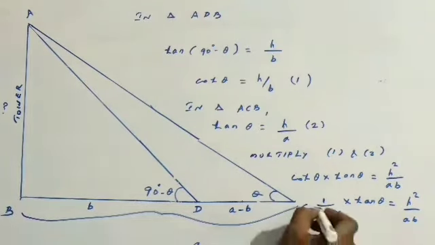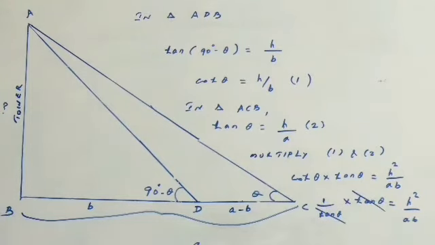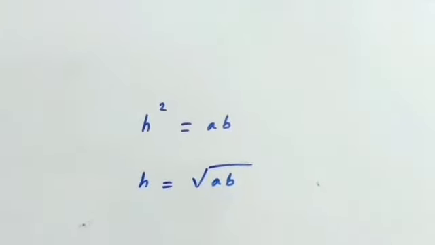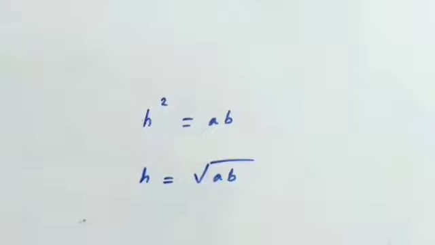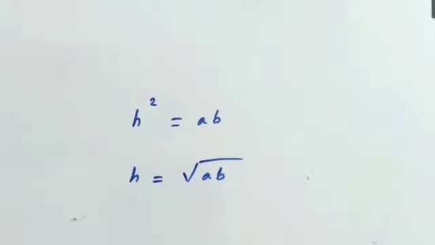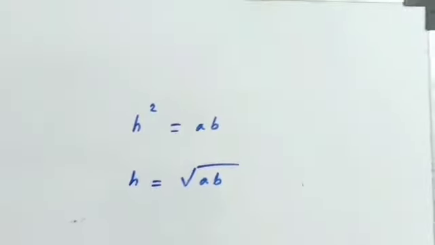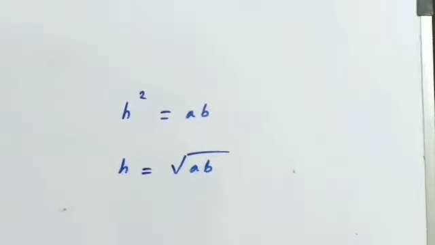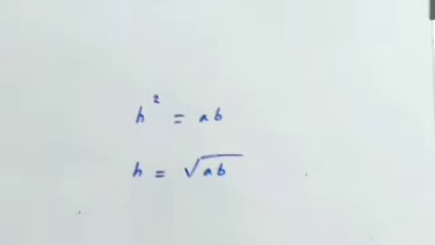Cancelling tan theta and tan theta, we have remaining value 1. Now cross multiply AB with 1. So AB equal to H square. Here we get the value H square equal to AB. We want the height of the tower, that is H equal to root of AB. So height of the tower is root AB meter.